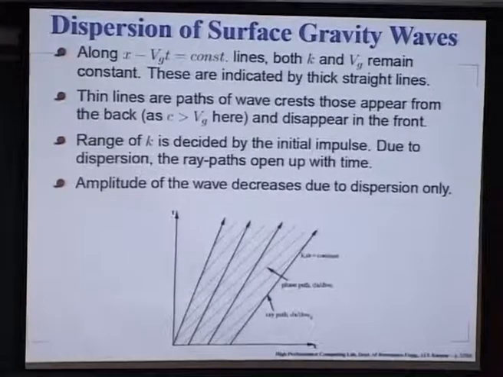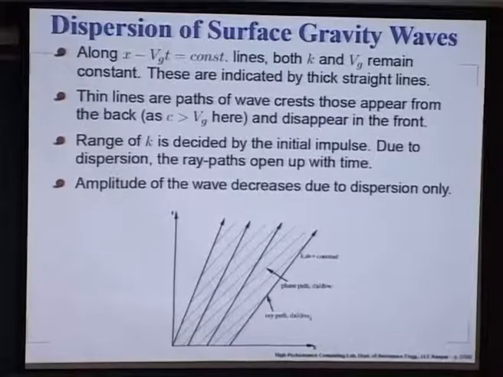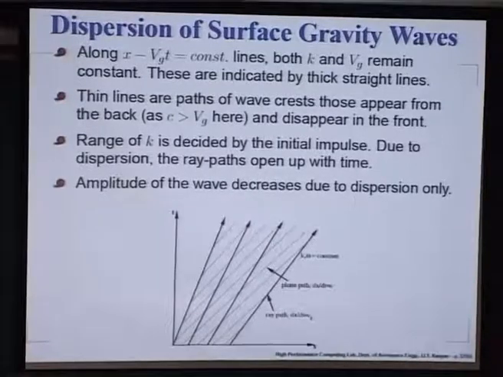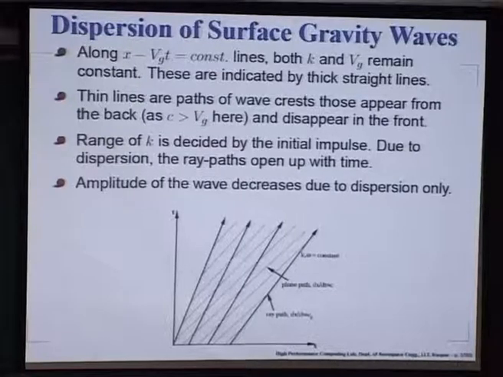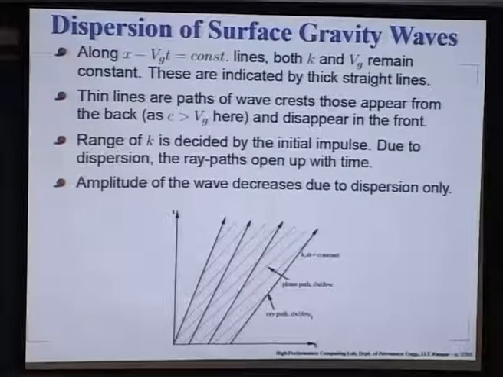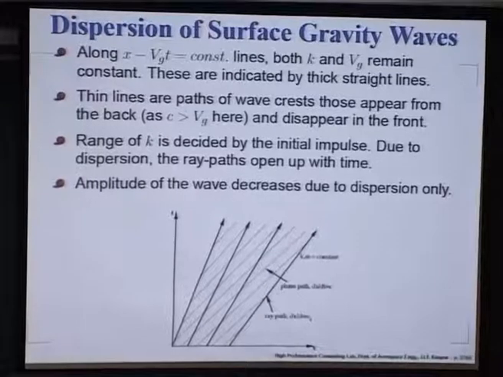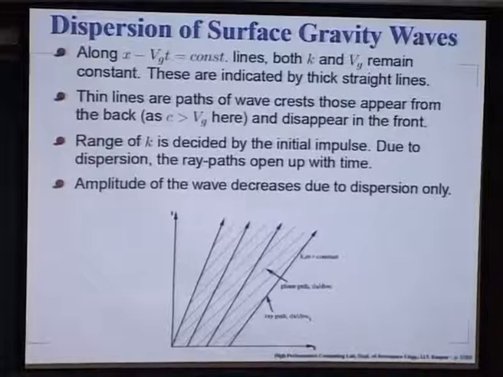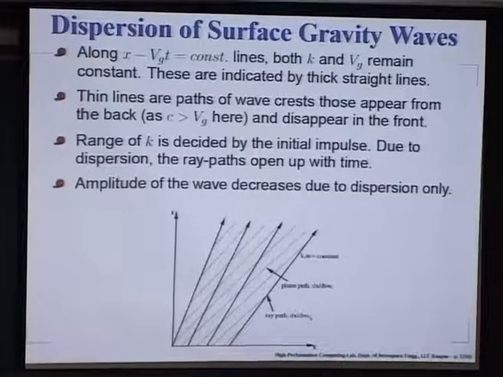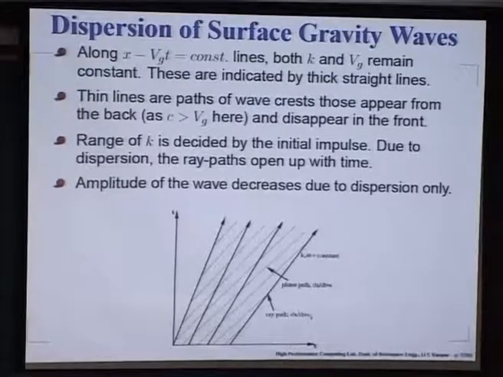If I am now looking at surface gravity waves, along this line k and V g remain constant, and those are indicated by the thick straight lines. The thin lines are paths of wave crests, and those appear from the back.